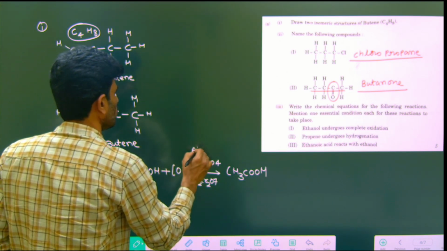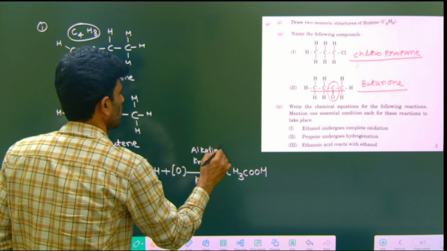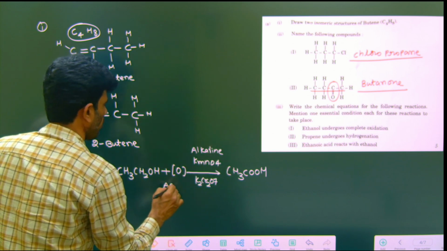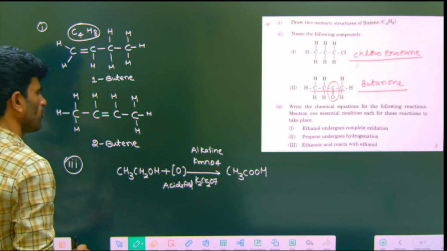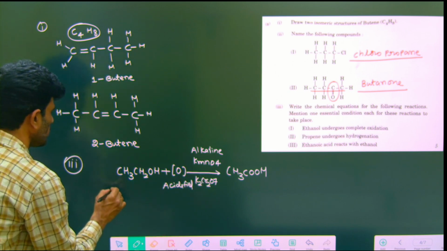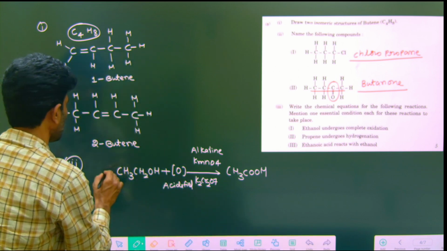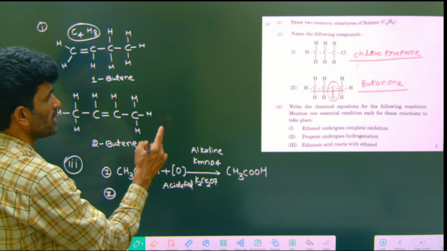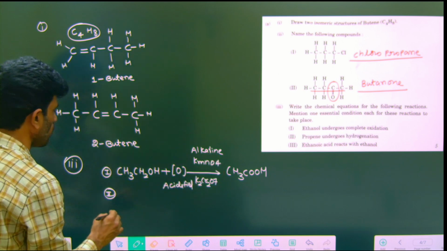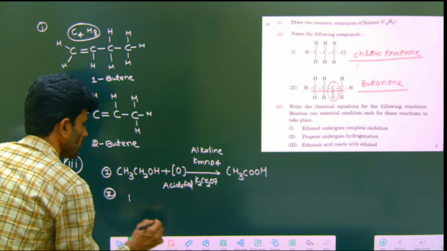This is the first reaction: alkaline KMnO4 or acidified K2Cr2O7. Second reaction, second question. What are they asking? Propene undergoes hydrogenation. Propene is what?